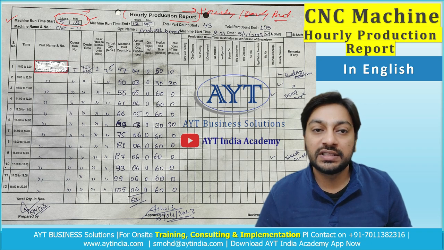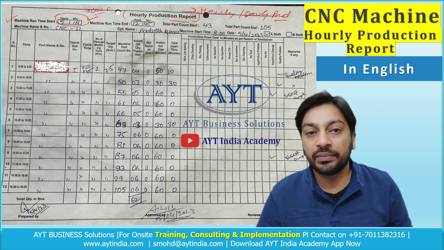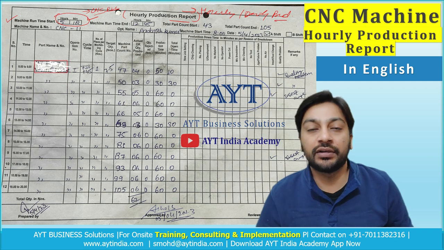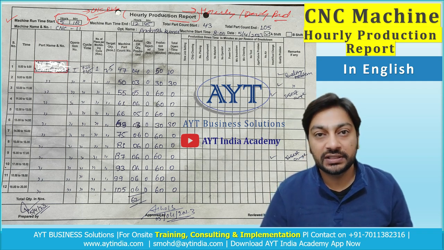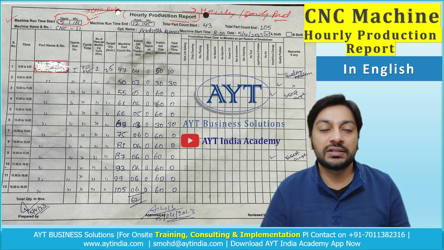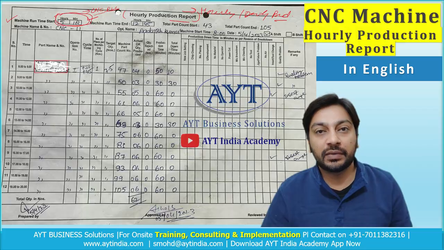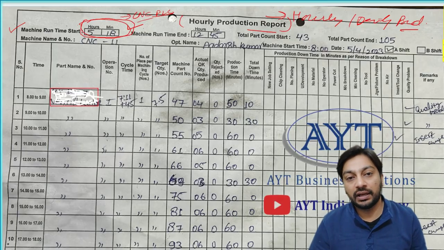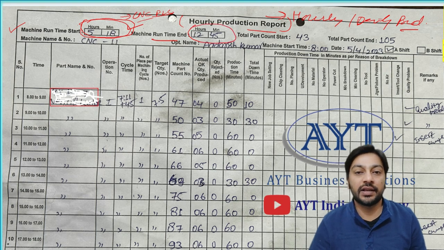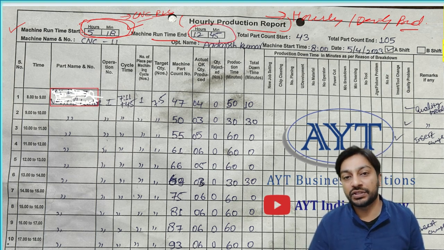As you know, the CNC machine has a screen connected to its PLC or drive, which gives us the runtime of the machine. So here we will enter the runtime when we start the machine, and in the second column we will enter the runtime when we stop the machine.